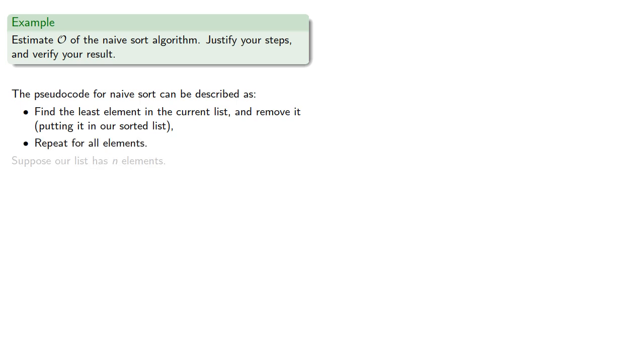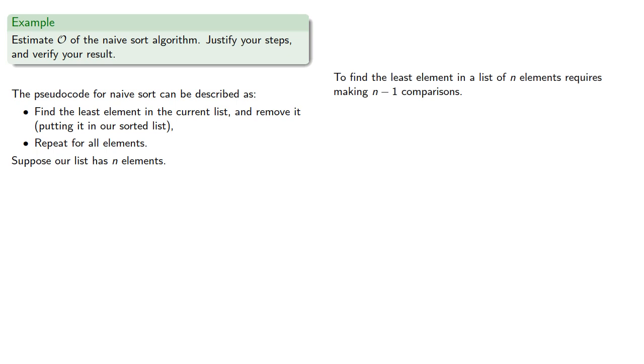So suppose our list has n elements. To find the least element in a list of n elements requires making n minus 1 comparisons. But n minus 1 is big O of n, so finding the least element is big O of n.